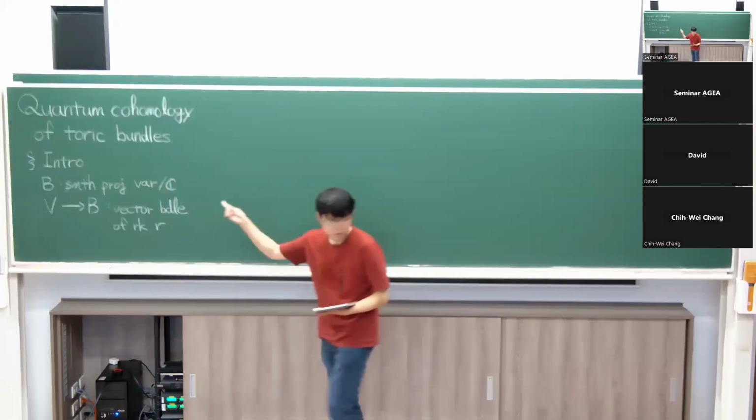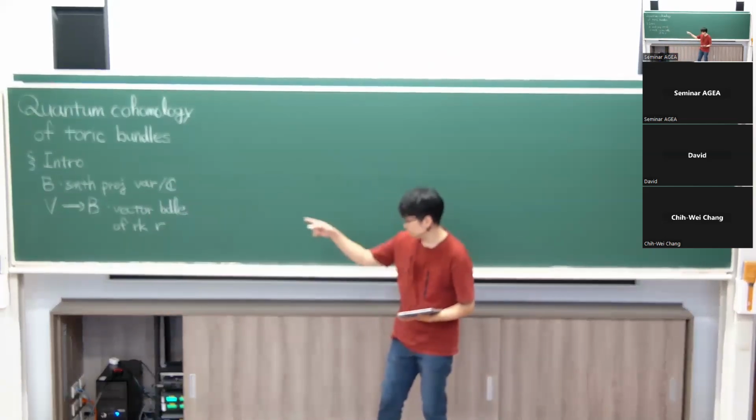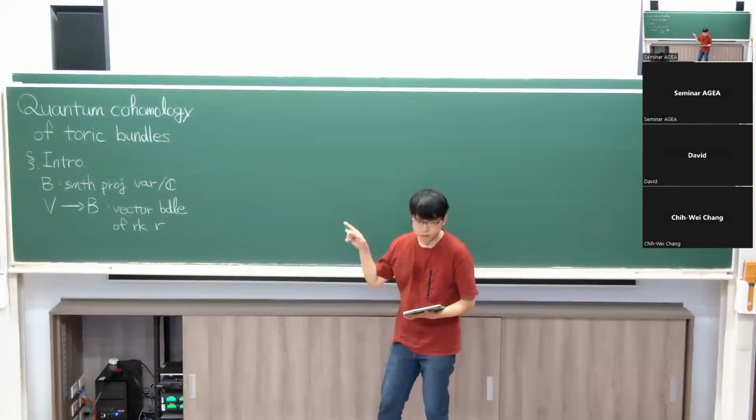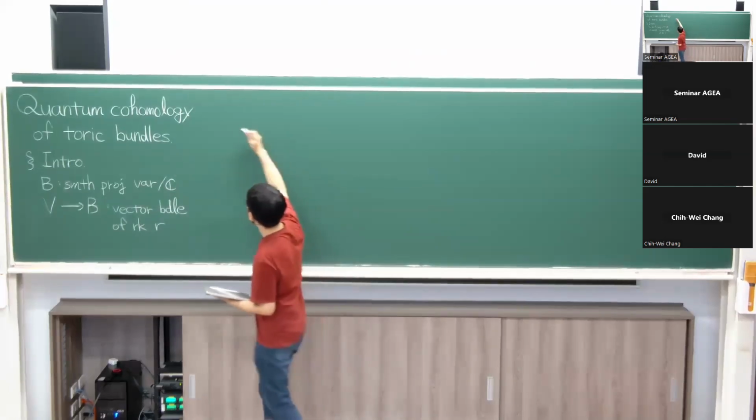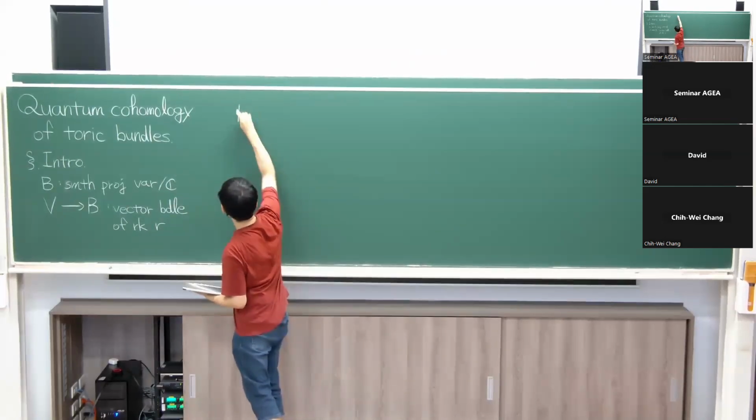Let B be a smooth projective variety and take a vector bundle over B. The typical toric bundle example is the projectivization of a vector bundle.